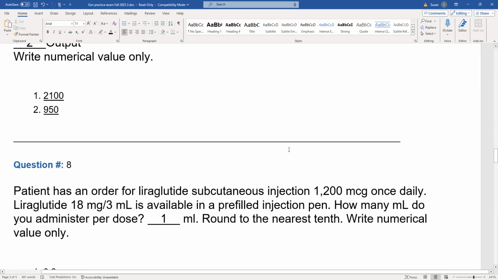All right, this one here was just desired over have, but what did you have to do here? Convert. Right, convert your micrograms to milligrams. So let's do it. 1.2.